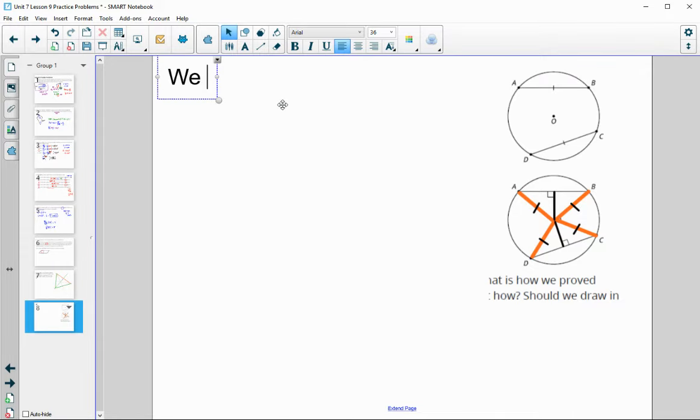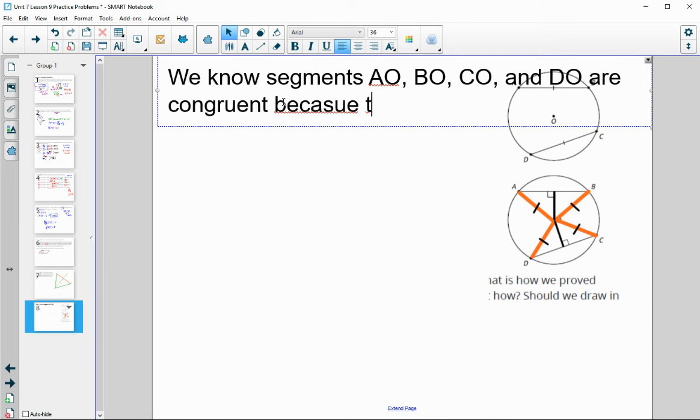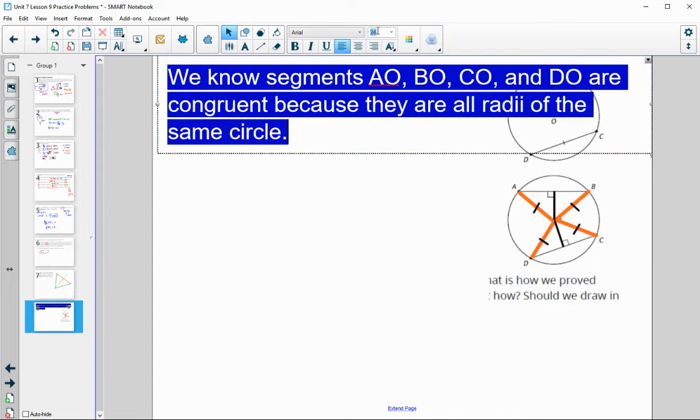All right, so we know that segments AO, BO, CO, and DO are congruent because they are all radii of the same circle.